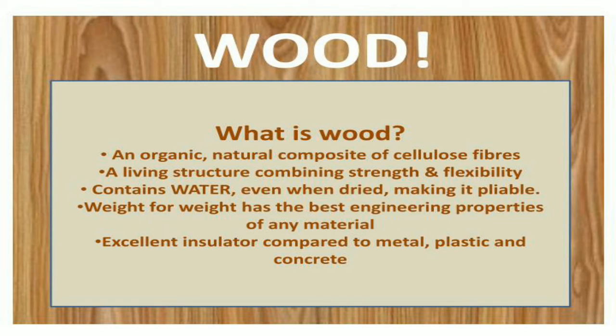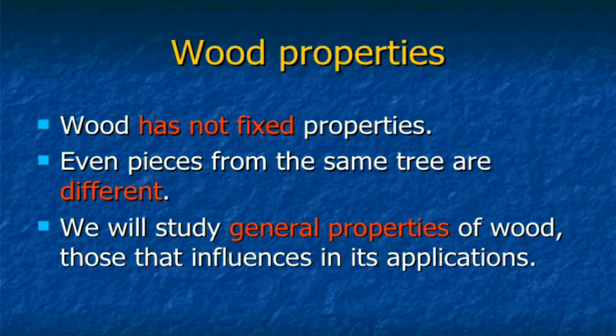So wood is a natural composite of cellulose fiber. Wood properties. So, wood has no fixed properties. Even pieces from the same tree are different, and we will study the general properties of wood, those that influence its application.